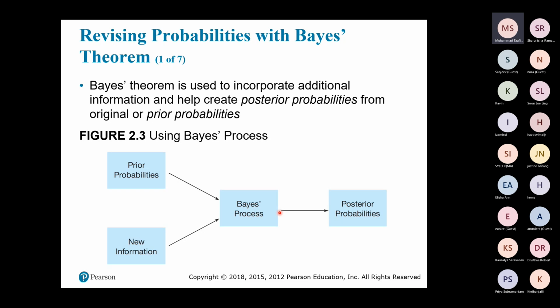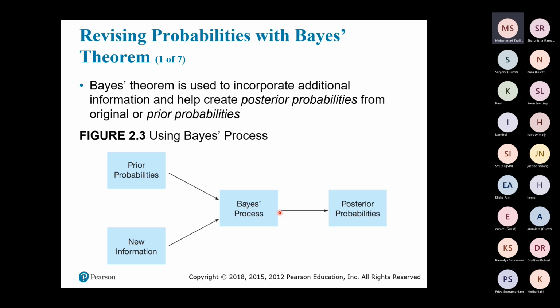What is the probability you will get, maybe 75,000 ringgit of sales this month? So we use Bayes' theorem to predict the future.